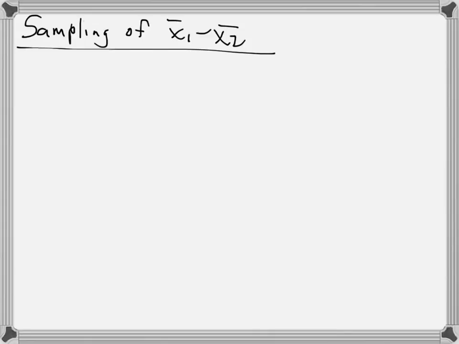Like I know what the true mean of population 1 and the true mean of population 2 is. Like in the example, I knew on average that men were 70 inches tall with a standard deviation of 4, and females were 65 inches tall on average with a standard deviation of 3, and I knew that they were normally distributed. So this is a little bit more theoretical, but it's cool.